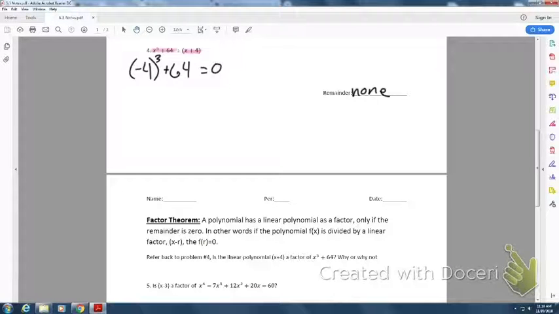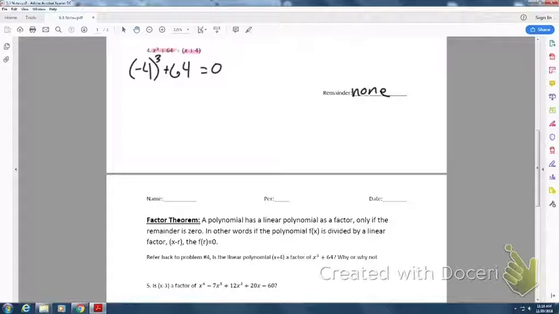So again, in English, what that's saying is if you do the exact same process that we just did for the remainder theorem, and you get 0, that means that linear factor, x plus 4, would be a factor of x cubed plus 64.